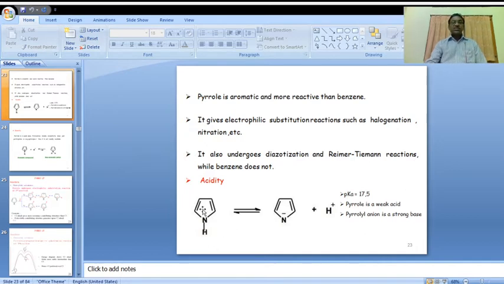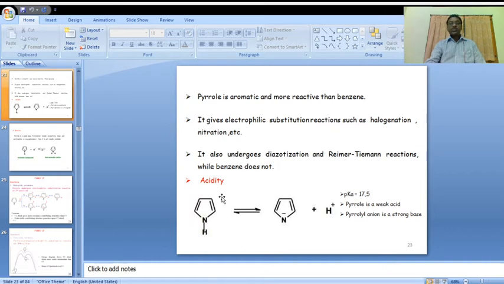In this case, we can compare this pyrrole molecule NH bond and these heteroatom bonds with the alkyls, because it seems to be a secondary amine R2NH.